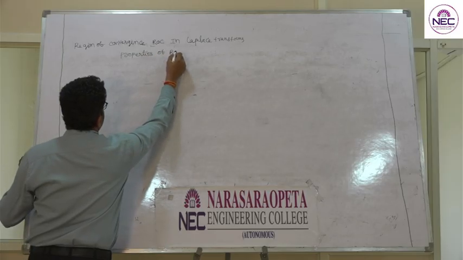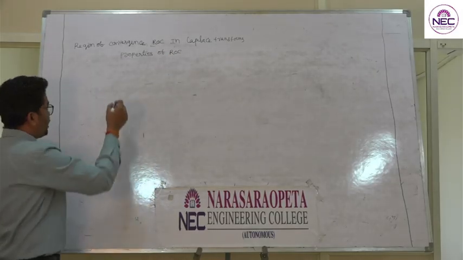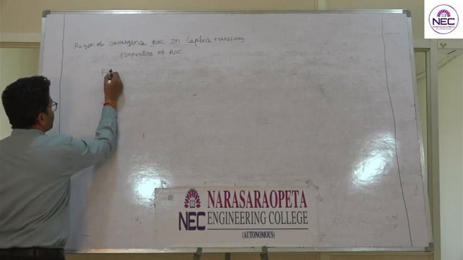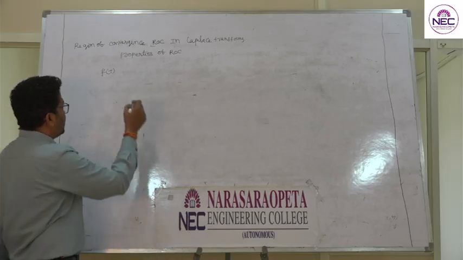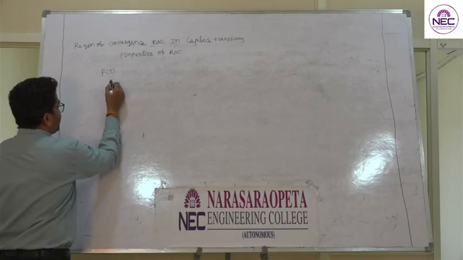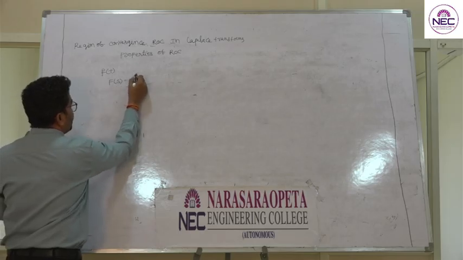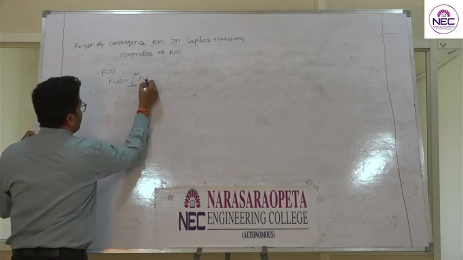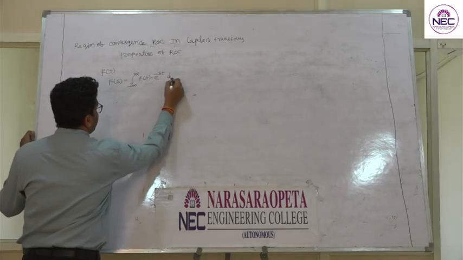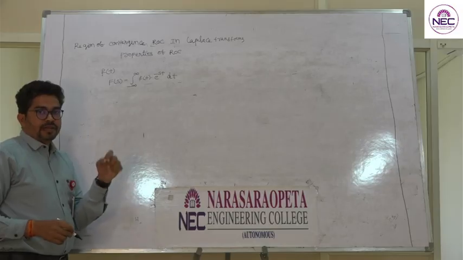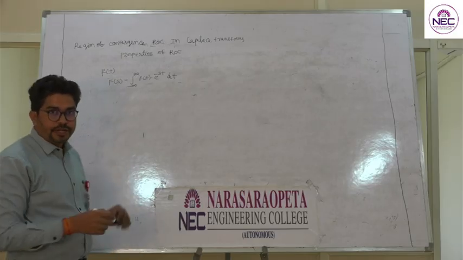Suppose the signal is f of t. The Laplace transform of f of t is F of s equals the integral from minus infinity to infinity of f of t into e power minus st into dt, where s is a complex variable.